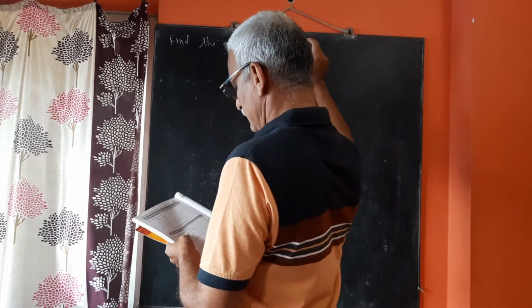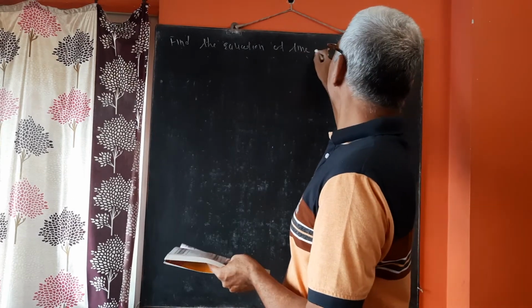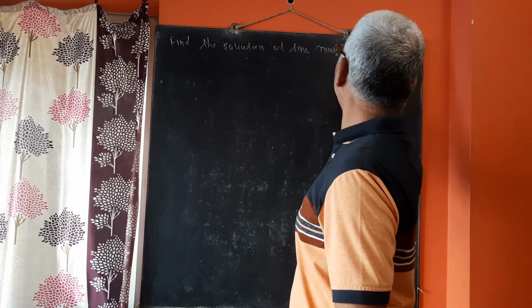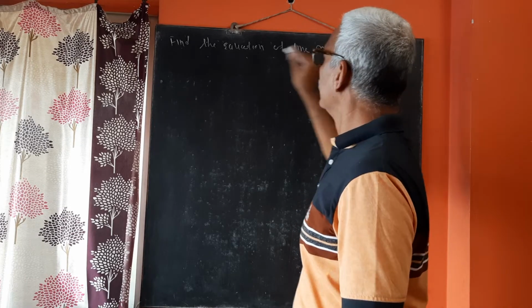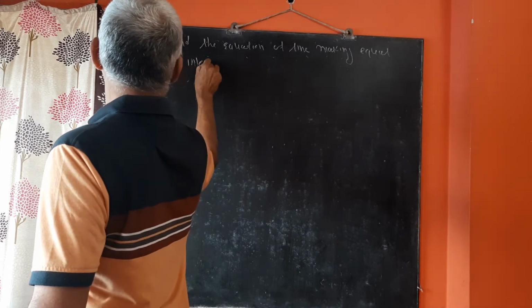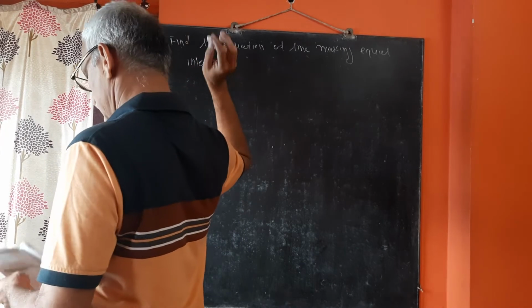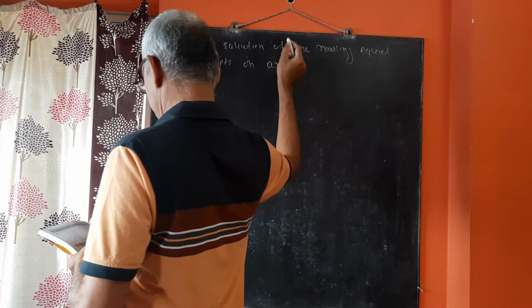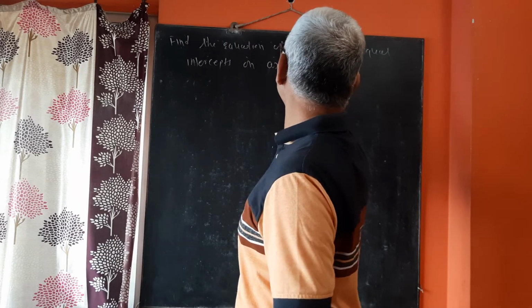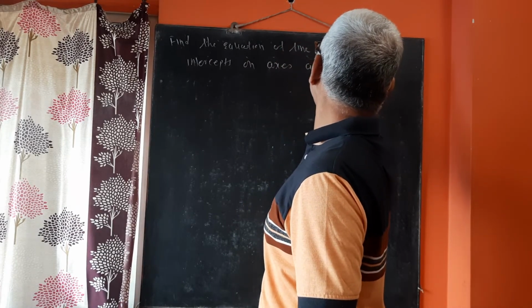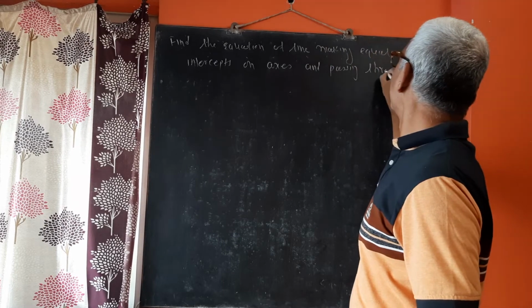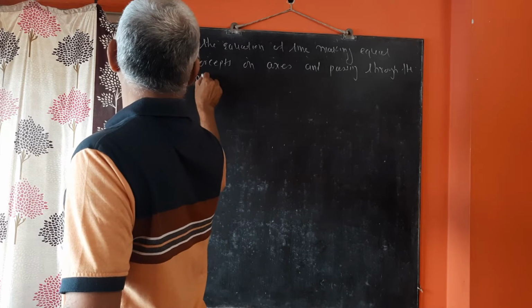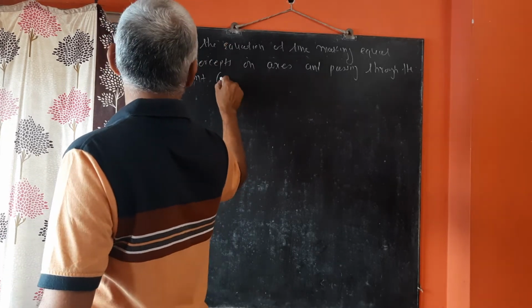Find the equation of line making equal intercepts on axis and passing through the point minus 2, 7.